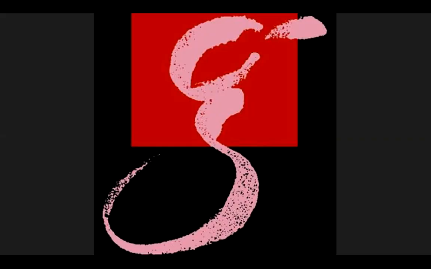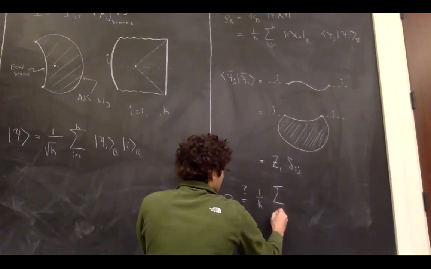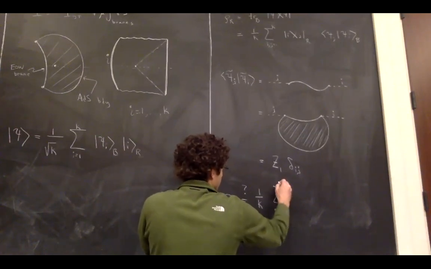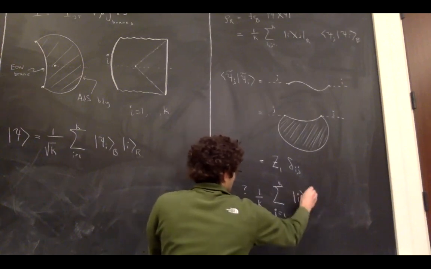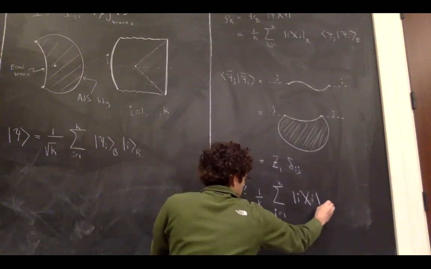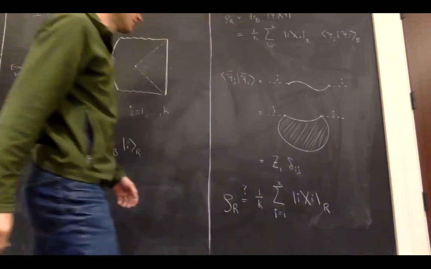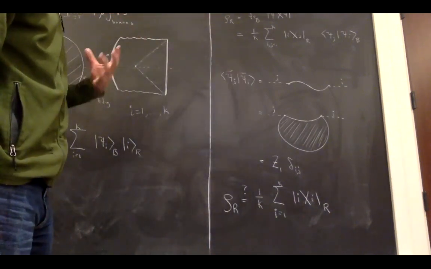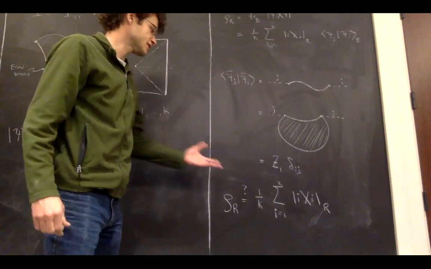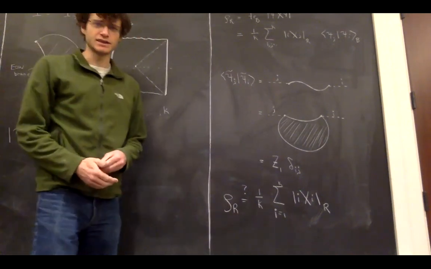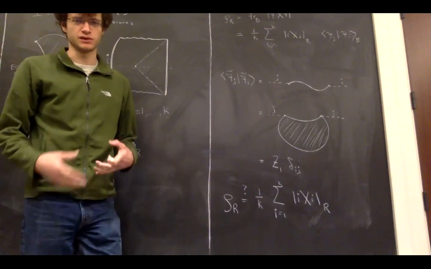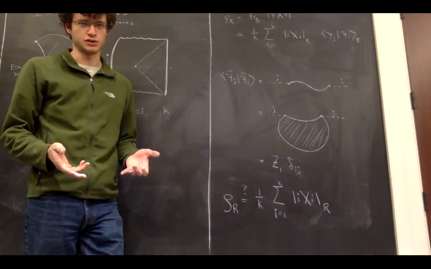Perfect. You see? Thanks. Okay, 1 over k times the sum over I of... So it looks like just a maximally mixed state on the k different possible states of the reference system, the radiation. This is analogous to Hawking's calculation, where he found that the state of the physical Hawking radiation is thermal.